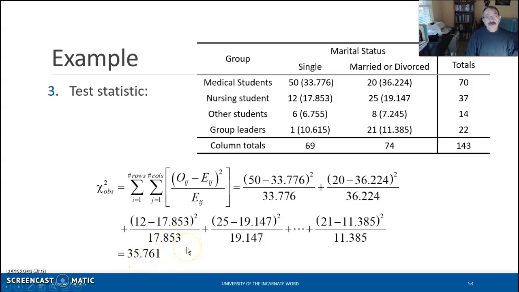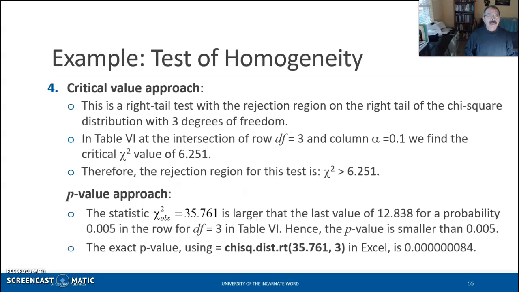Once you have the test statistic calculated, in step 4 we determine whether to use the critical value approach or the p-value approach. If you use the critical value approach, remember this is a right tail test, so the rejection region is in the right tail of the chi-square distribution with 3 degrees of freedom.